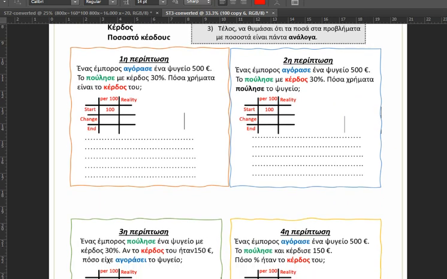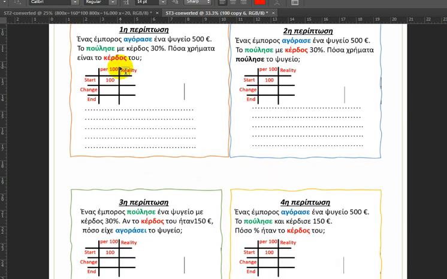And we have again 4 problems, so let's see. Here we have that a salesman bought a fridge for 500 euros and he sold it 30% more expensive. So how much money did he make? Basically, this problem is asking what is 30% of 500?